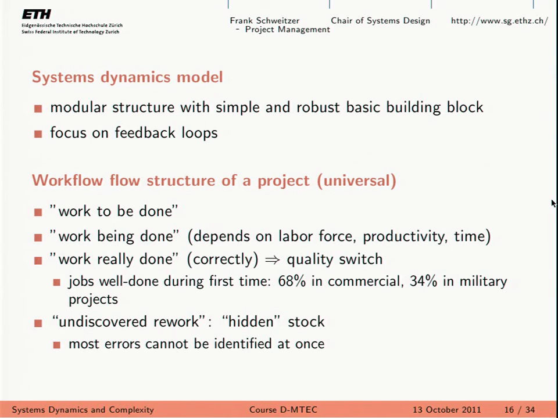So 70% of all the work is really done in a quality way the first time. No need for feedback. But in the military projects, it's appalling. It's 35%. So it's a huge deficiency in this kind of military project, as you might expect.